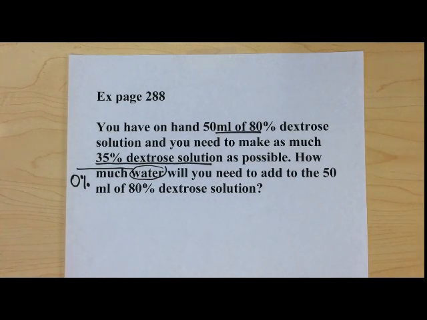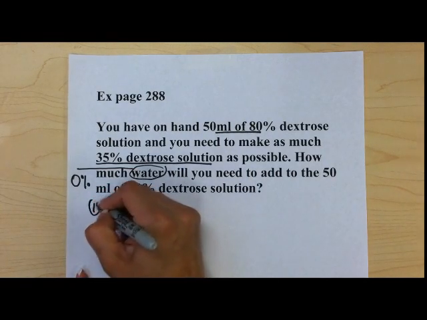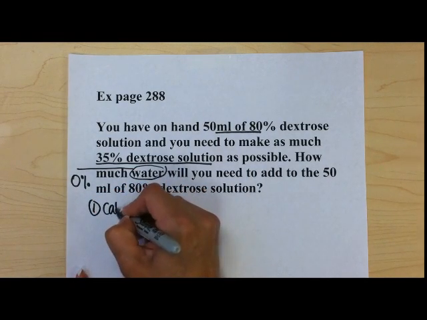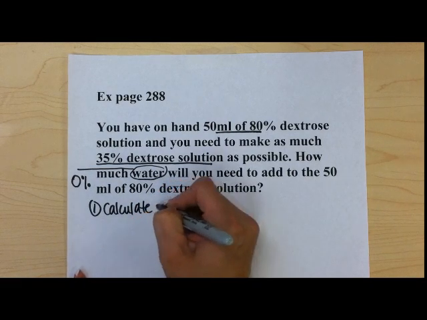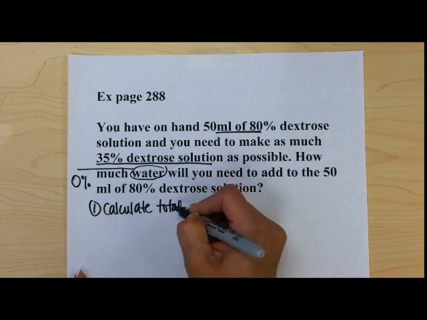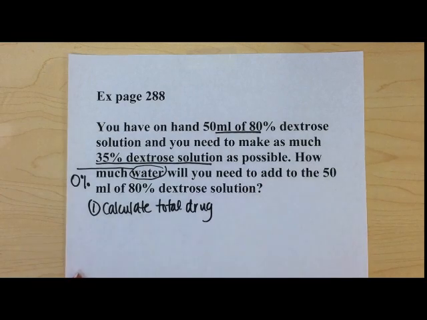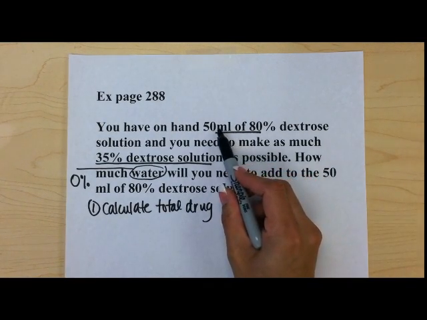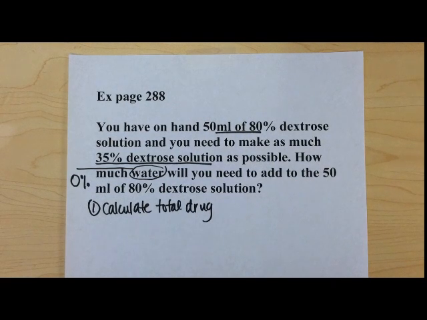Really it's what we're adding to dilute an actual drug solution. So I'm going to take the powder volume approach, and if you recall from those types of problems, the first thing that we did was calculate the total drug present. In order to do that, we're going to zone in on the 50 mLs of 80% dextrose.